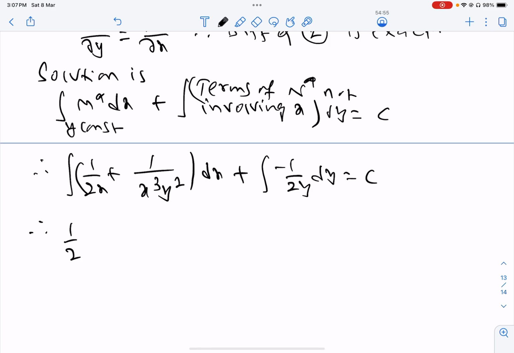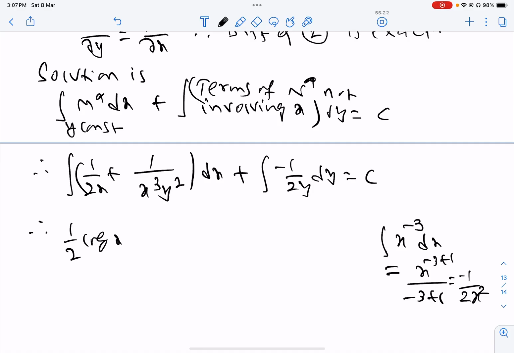Now integration of 1 upon x is log x. Then integration of 1 upon x cube, so integration of x power minus 3, is x power minus 3 plus 1 upon minus 3 plus 1. So this is minus 1 upon 2 x square, and y square is constant.